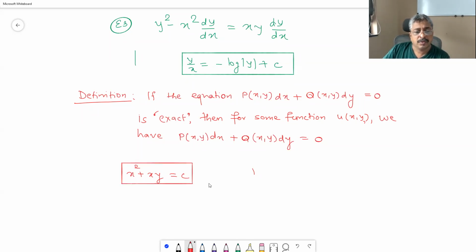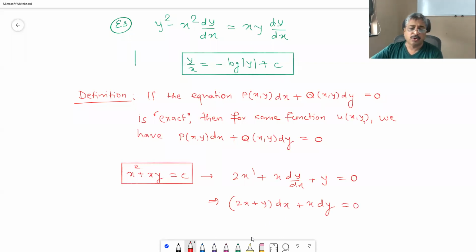So what we do is we differentiate this, we get 2x plus x dy by dx plus y is equal to 0, and then if we simplify this, we get (2x plus y) dx plus x dy is equal to 0.